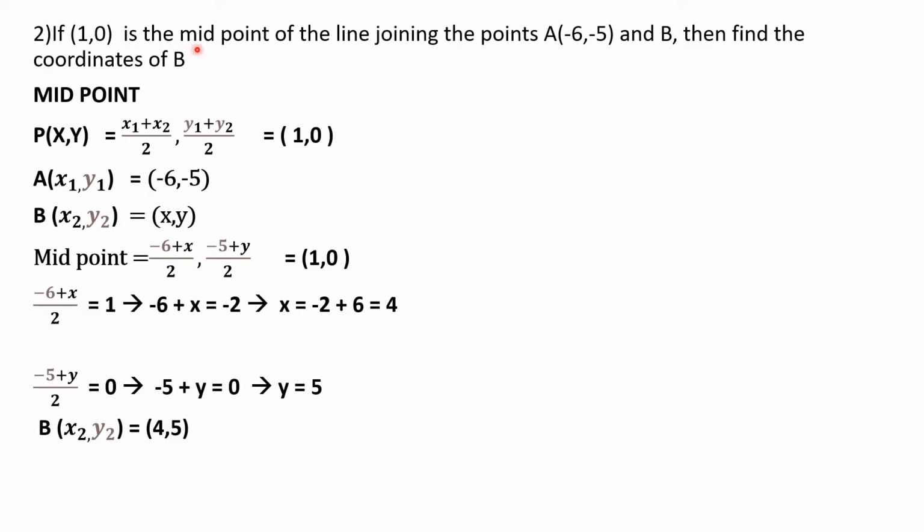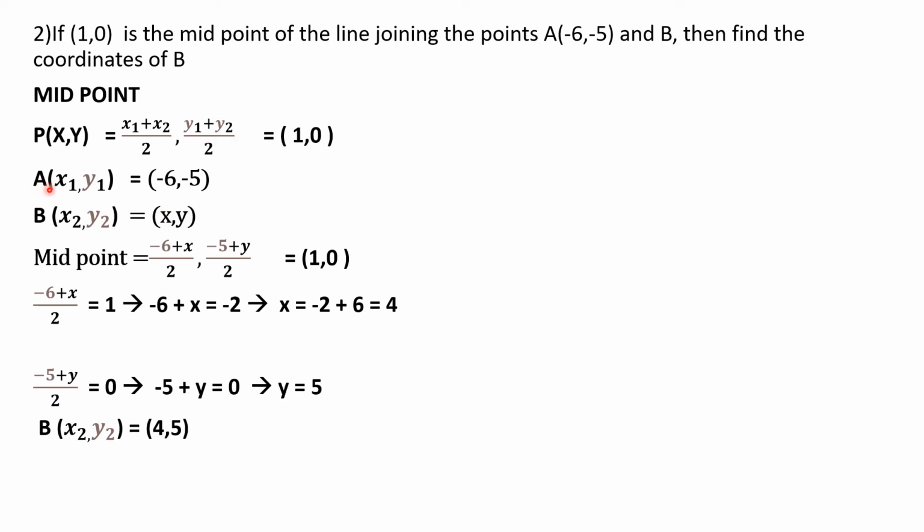If (1, 0) is the midpoint of a line segment joining the points A (-6, -5) and B, then find the coordinates of B. You know the midpoint P (x, y) is (1, 0). So we are going to equate (x1 + x2)/2, (y1 + y2)/2 equal to (1, 0).